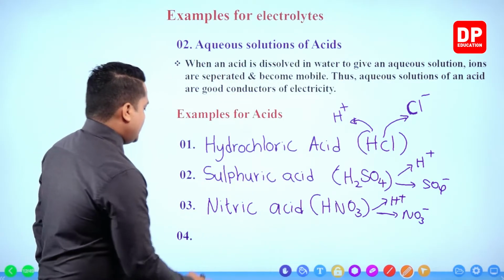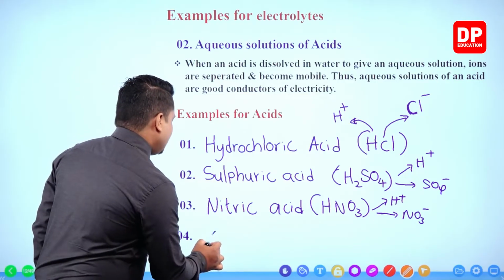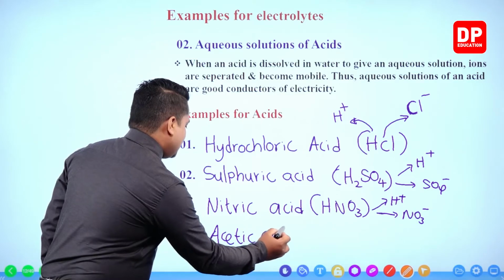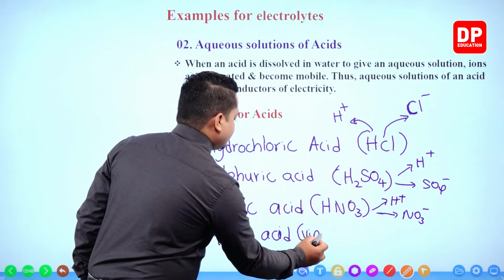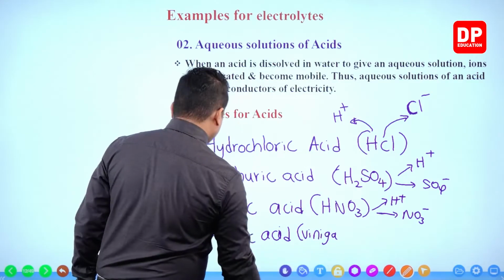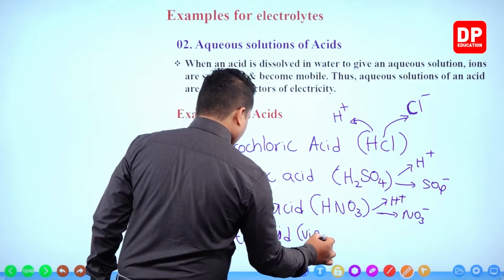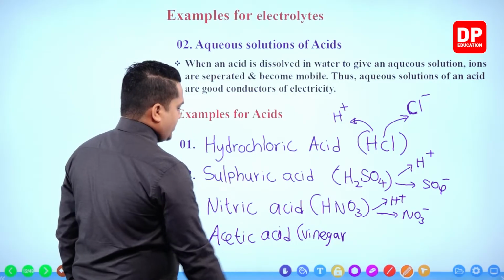Then a day-to-day acid that we use, acetic acid. Acetic acid is commonly referred to as vinegar.